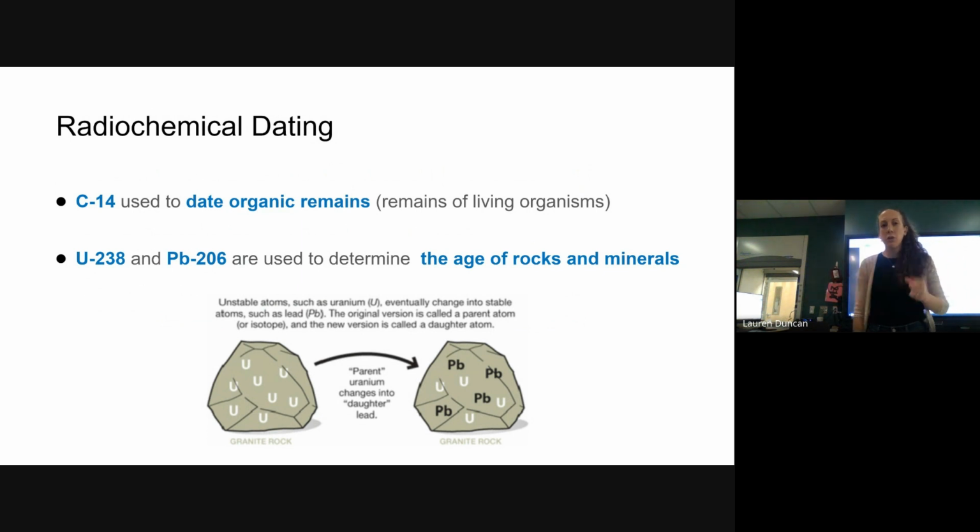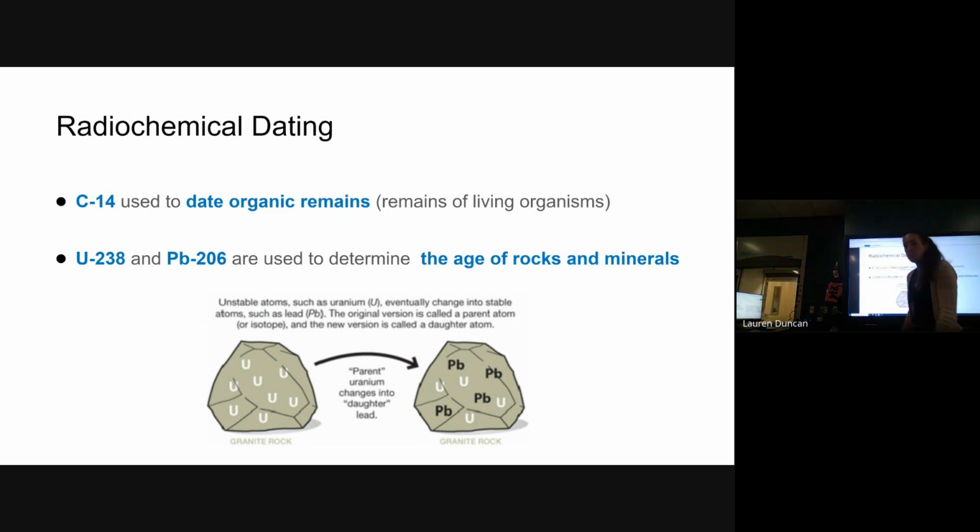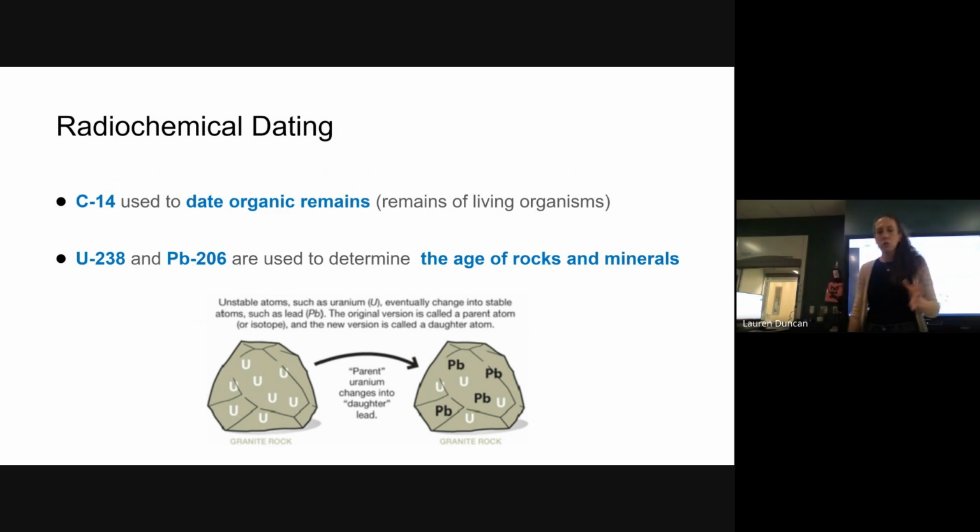Scientists look at the ratio of carbon-14 to nitrogen-14, which is what carbon-14 decays into through beta emission. And based on that ratio of carbon-14 to nitrogen-14, they're able to determine roughly the approximate age of the once living organism.